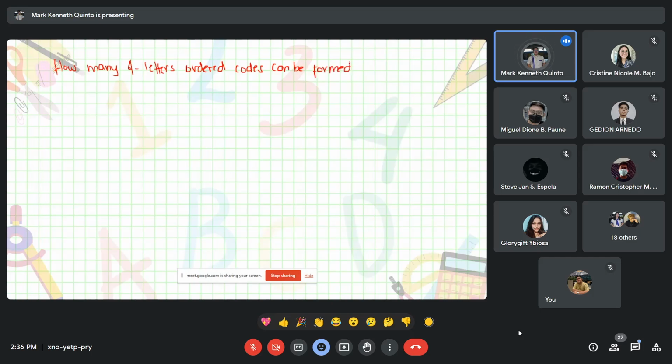It can be formed with the letters of the set. Permutation to.